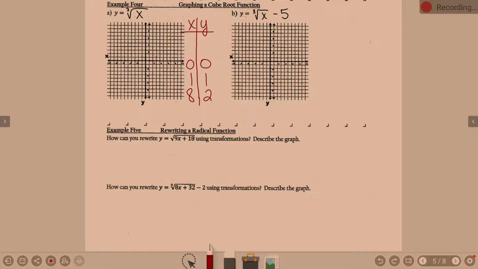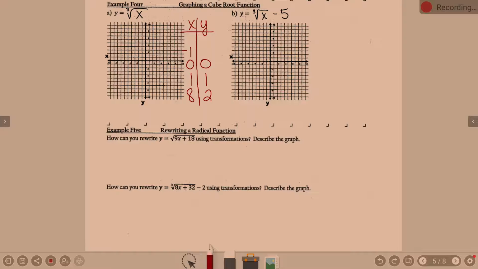Now, I kind of made it obvious, didn't I? What do we need to consider with a cube root? Negatives. With square roots, we didn't do negatives because you can't do the square root of a negative. It's not an option. With cube roots, can we take the cube root of a negative? Yeah. What was the first one you guys said? Negative 1.